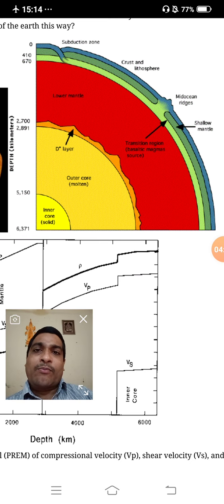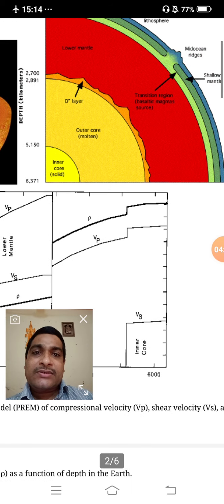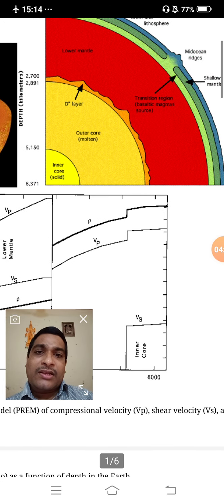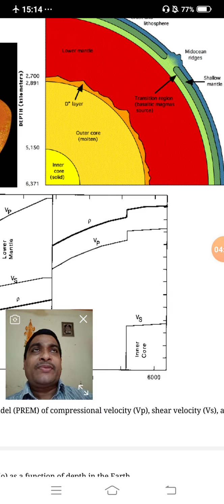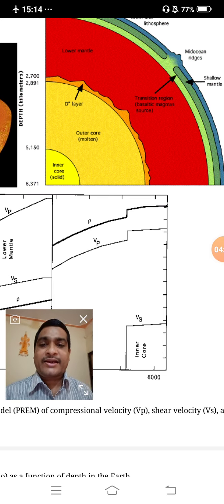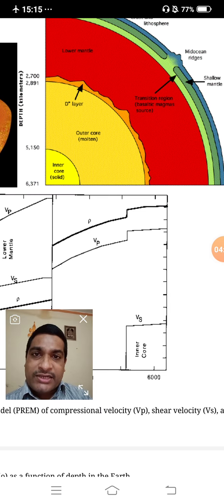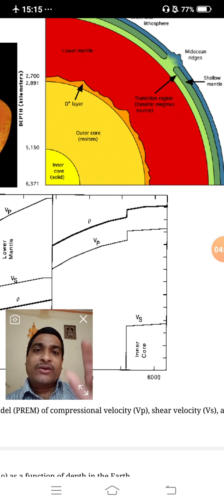It starts from 520 to 2900 km, and the orange color shades show the discontinuity between the core and mantle, which starts from 2700 to 2819, approximately 2900 km. The orange color shade indicates the Gutenberg discontinuity, which is present in this range.